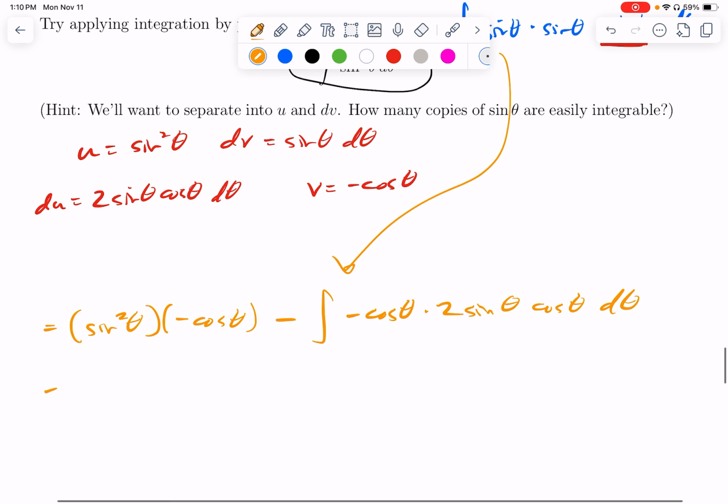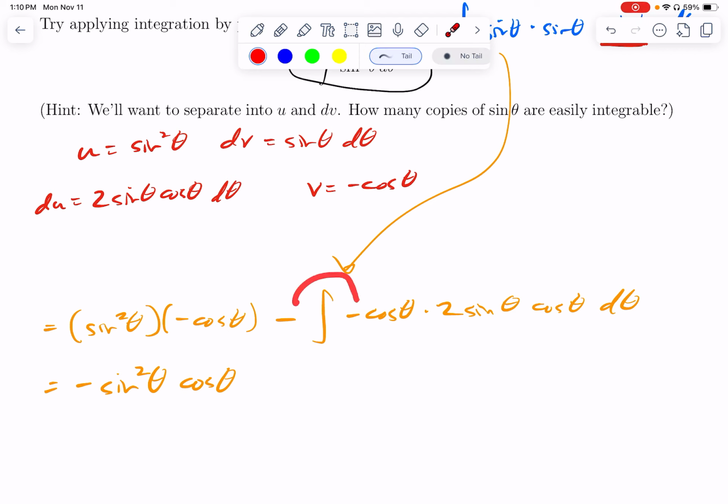Okay, so let's clean this up. Here I'm just going to move my negative to the front. Here I will notice I have a double negative, so that's plus, coefficient is 2, and I have cosine squared theta sine theta. Let's notice, here I have cosine squared, here I basically have the derivative of cosine squared. So this is u substitution, hopefully you can do it in your head.